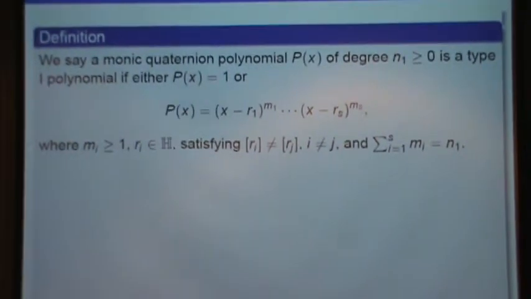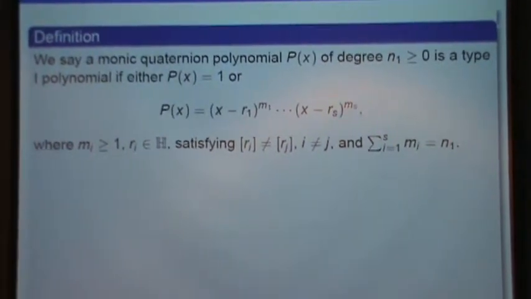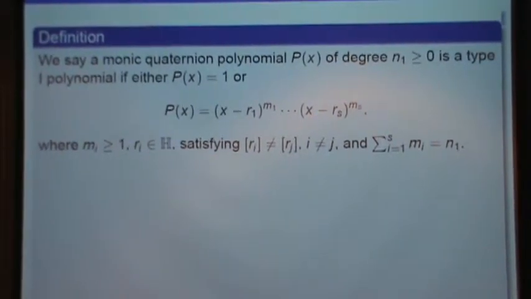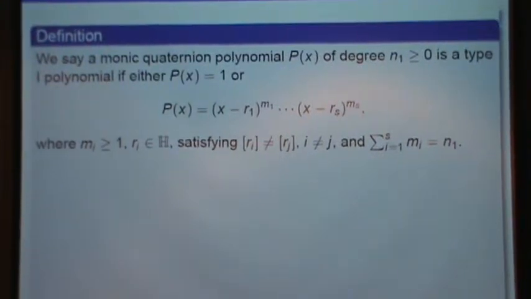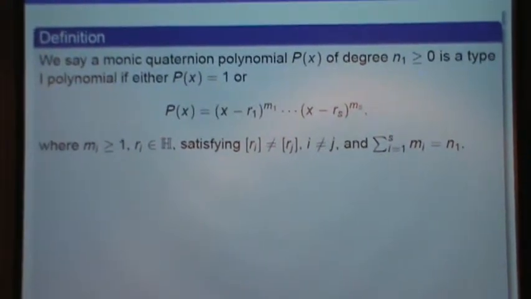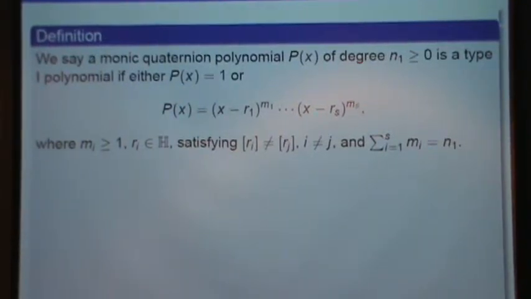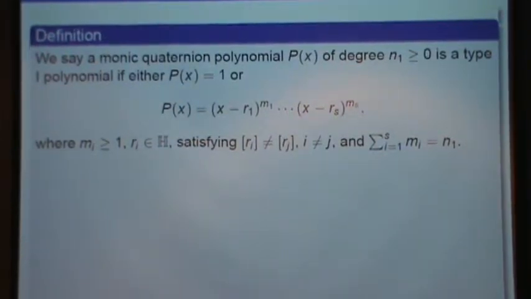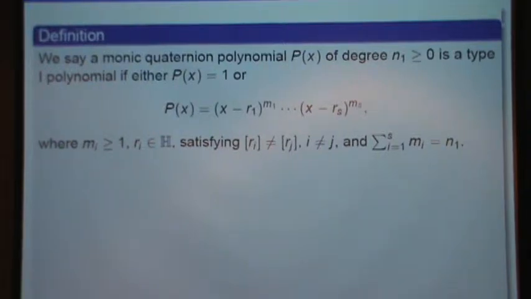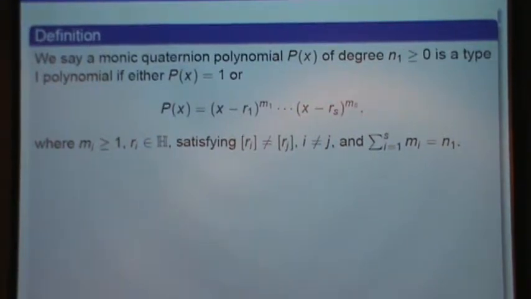The composition of a Quaternion polynomial. We say a monic Quaternion polynomial is a type 1 polynomial if it's either 1 or it factors as a product of terms of such, where Ri and Rj are from different conjugacy classes.